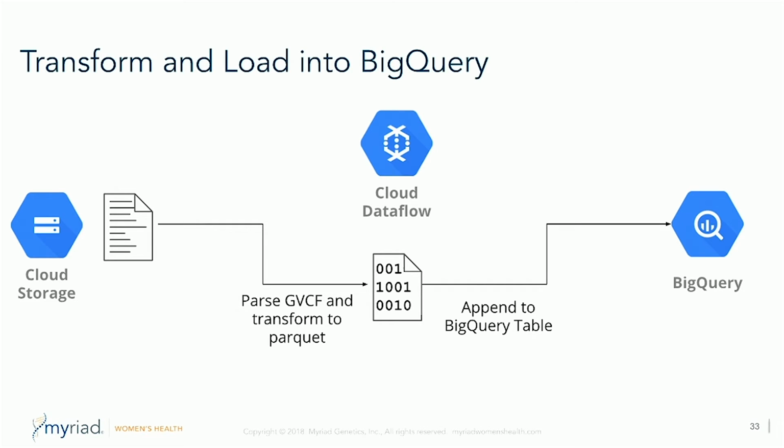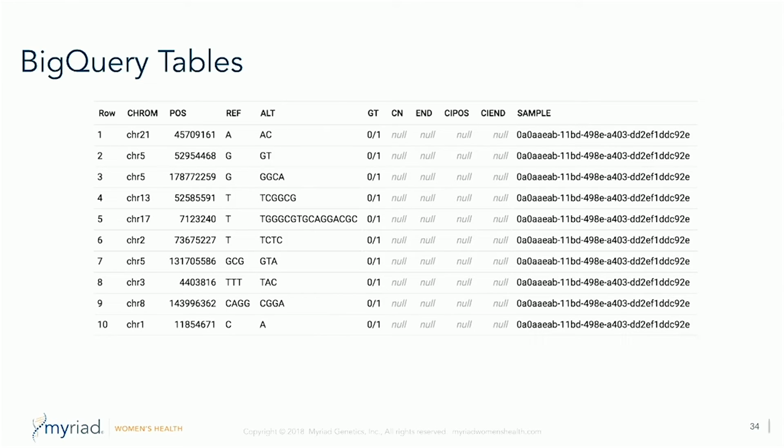And then at the end of the day, we have these Parquet files that we could potentially use in other areas, in other cloud systems as well. So we parse our GVCFs, every single sample, transform them into Parquet, and then append the new samples to our BigQuery table. And similarly, we do this with the sample metadata.